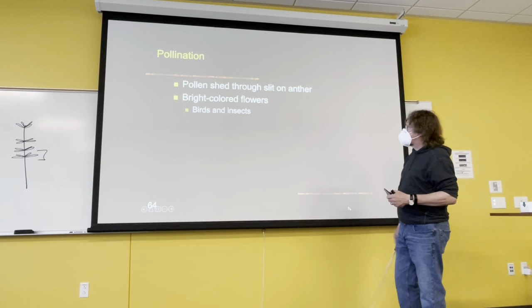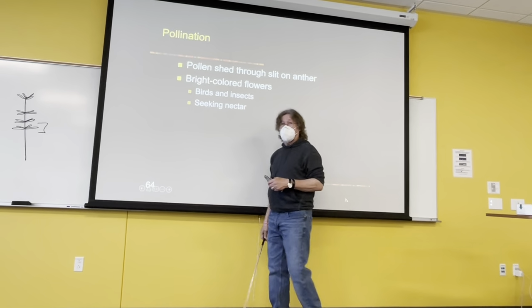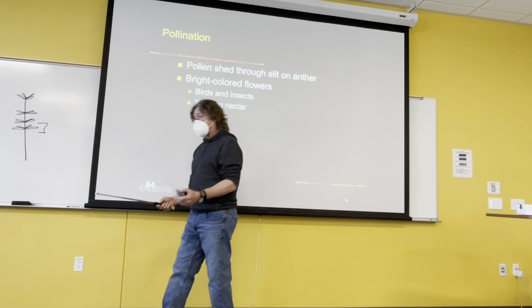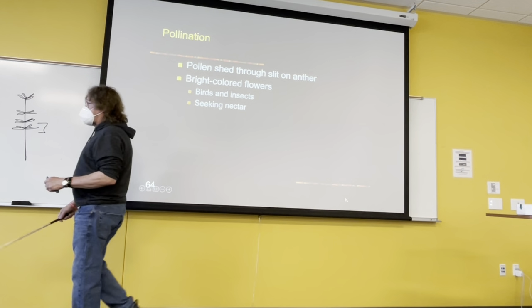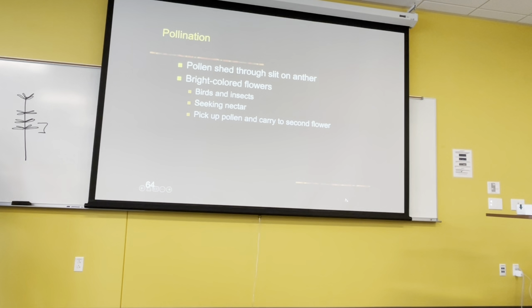So birds, insects, because when the birds and insects are coming, they're not coming to eat the pollen. At the base of the flower, down near the ovule, there are glands that are called nectaries. And they produce a sugar substance, and that's what the insects are coming for.